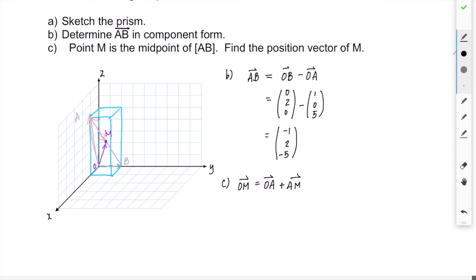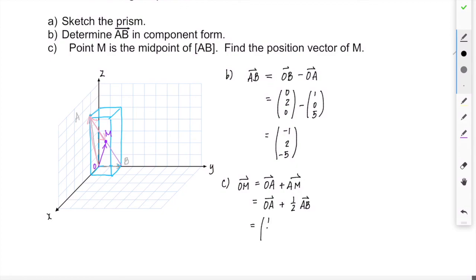I know what OA is, but I don't know M, so I can't find AM directly. But AM is a vector that sits right on the vector AB. Since M is halfway, we are adding OA to half of vector AB.